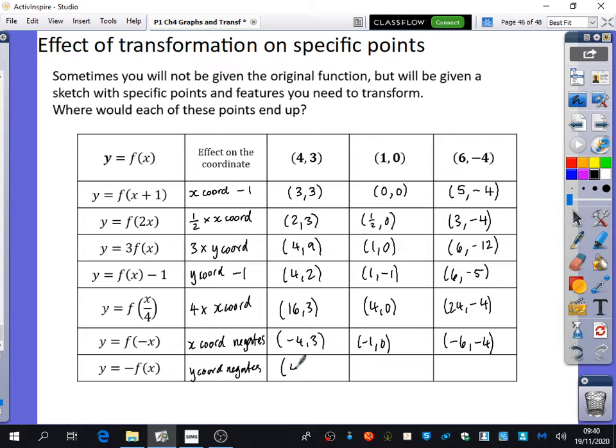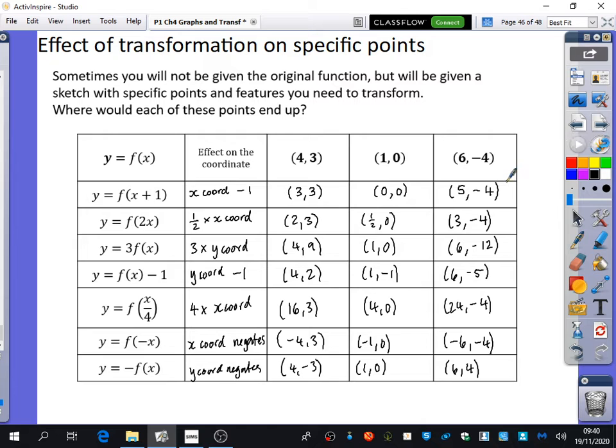So we get 4, minus 3, 1, 0, nothing happens there, and 6, 4. So, yep, it would be better to say negates. I like saying negates just because it's one word that's really obvious of it going from positive to negative or negative to positive, but you could say everything multiplies by minus 1. It doesn't really matter. There's no preference for those things that we've got there, okay?